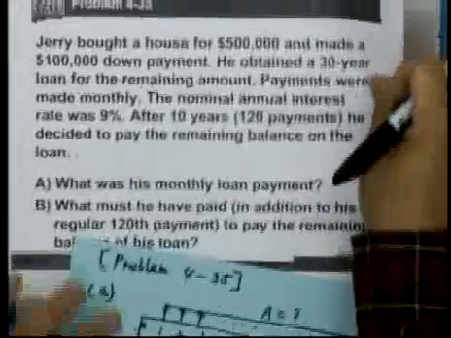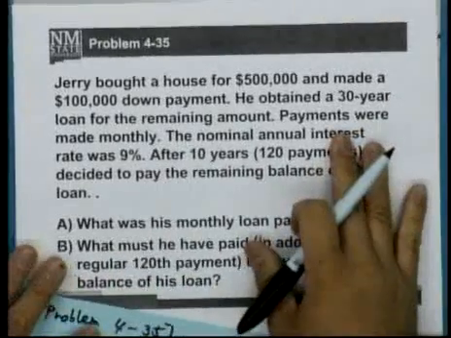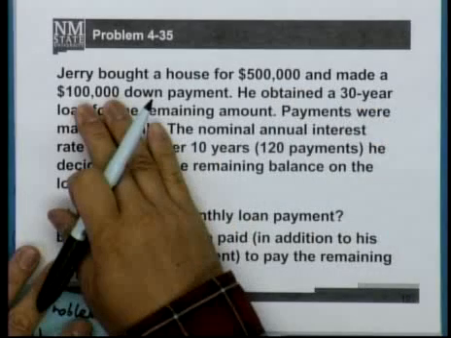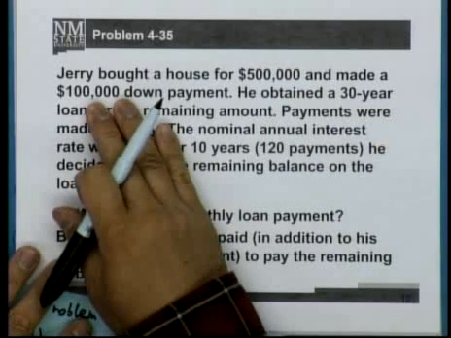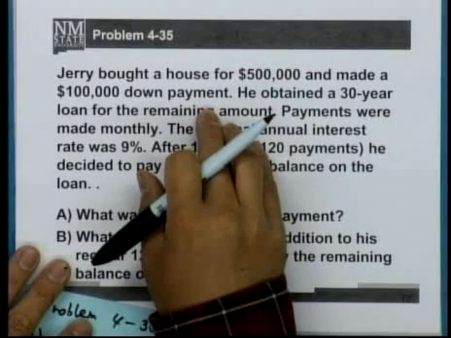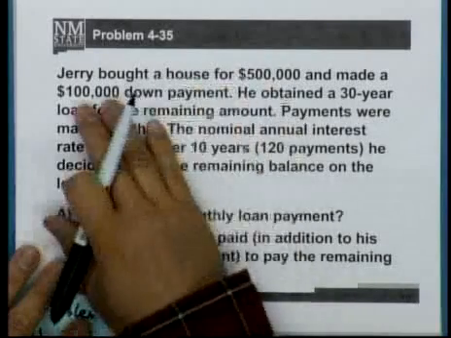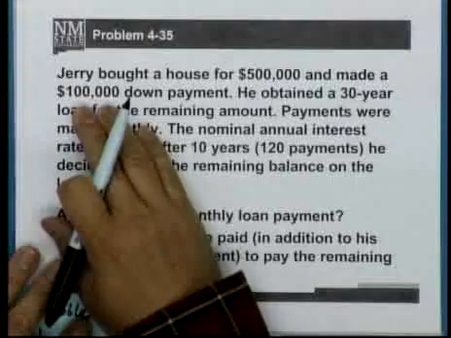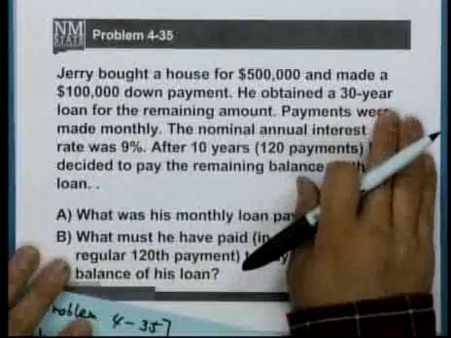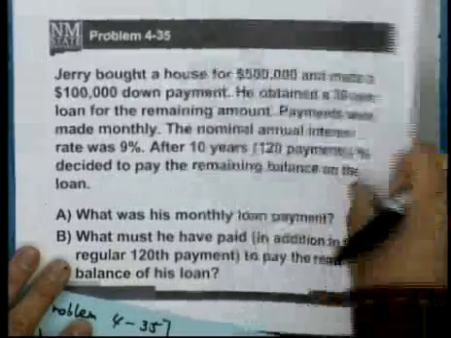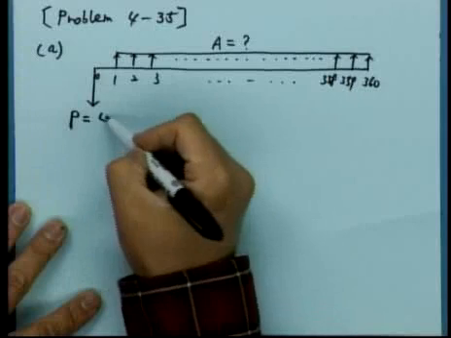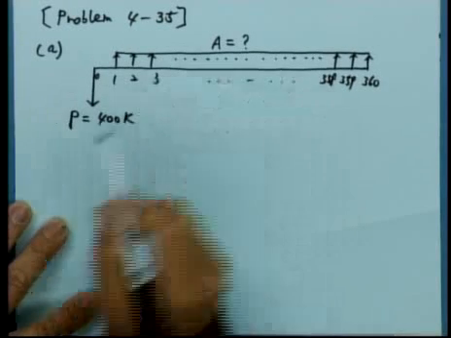The house price is 500K, and he made 100K down payment. So for the remaining amount, which is 400K, 500K minus 100K would be 400K. He had a 30-year loan, right? So he has 400K.